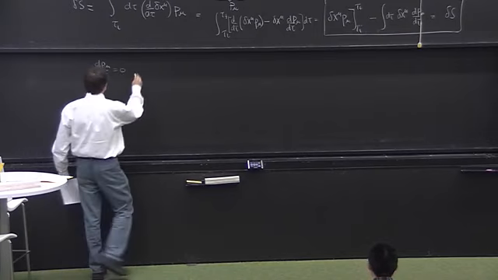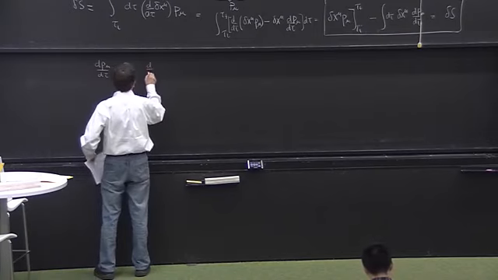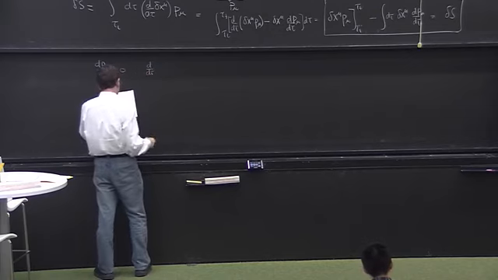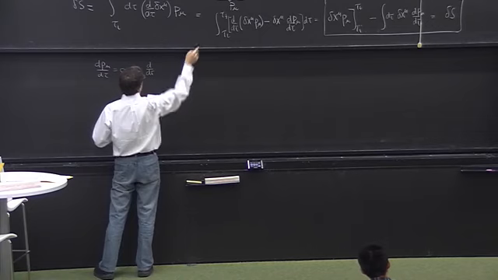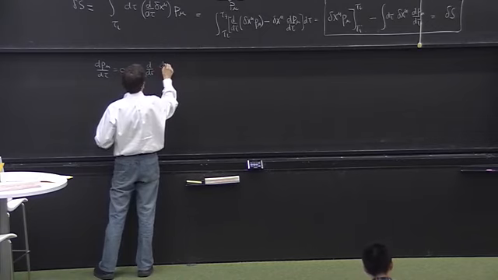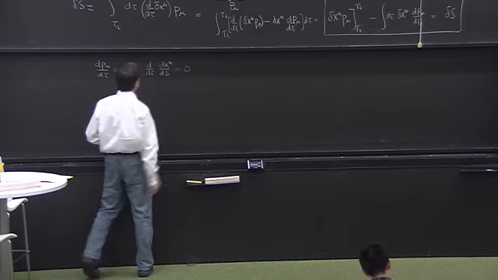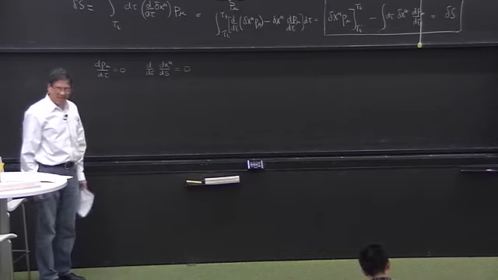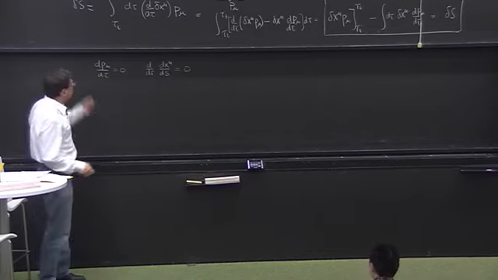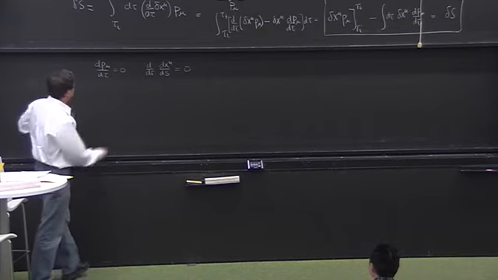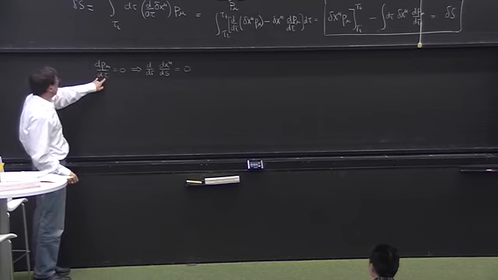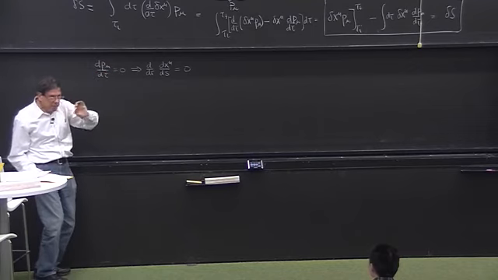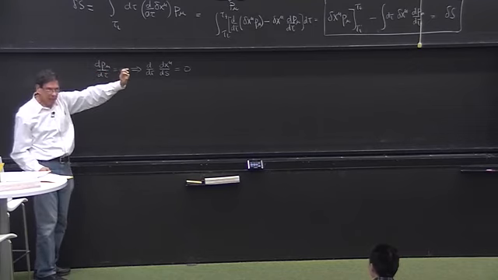And this is the same as d/d tau of p mu, which is mc dx mu ds, is equal to 0. It's a funny looking equation. P mu with respect to tau being 0 means just P mu is a constant on the world line.